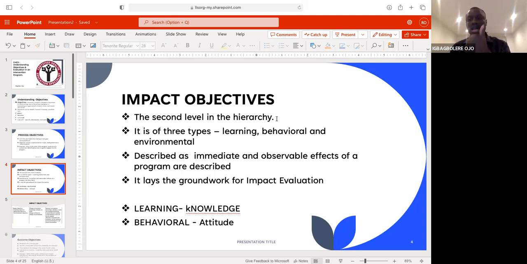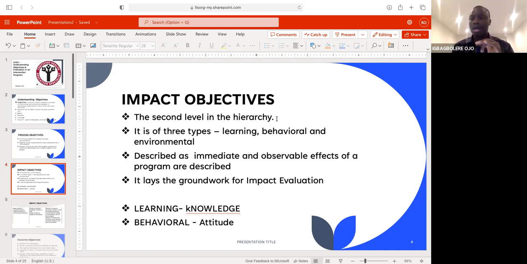And of course, the second hierarchy will be impact objective, all right? All right, so when we talk about impact objective, it can be categorized into three phases.